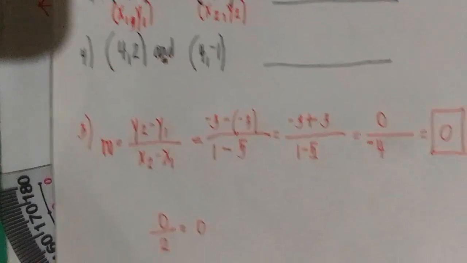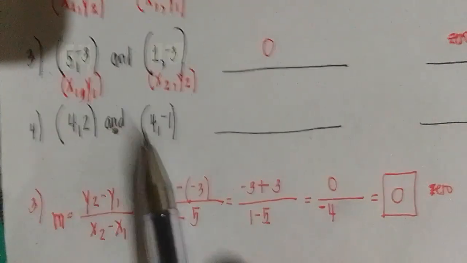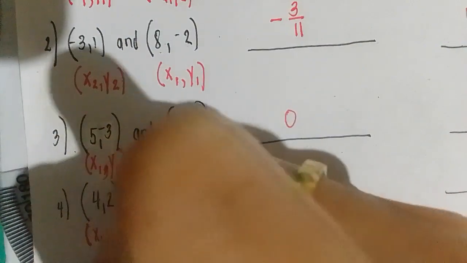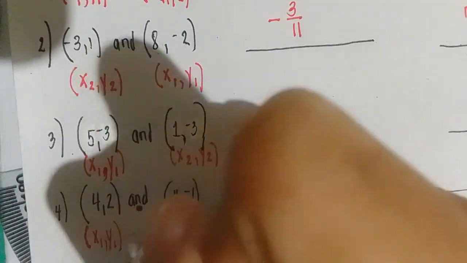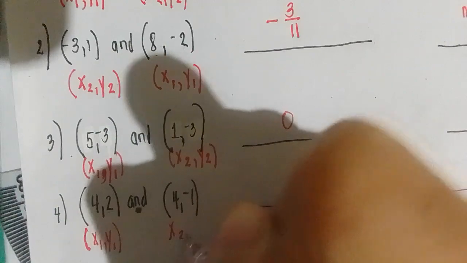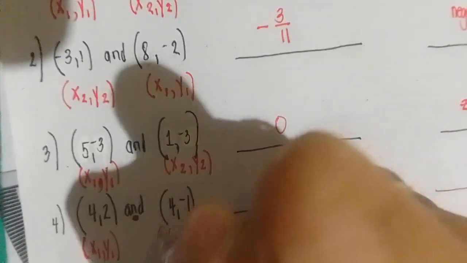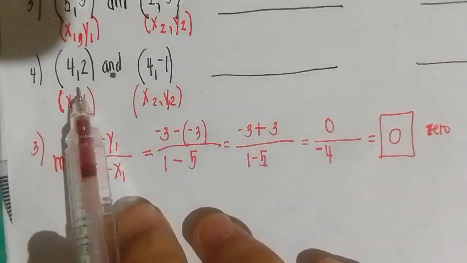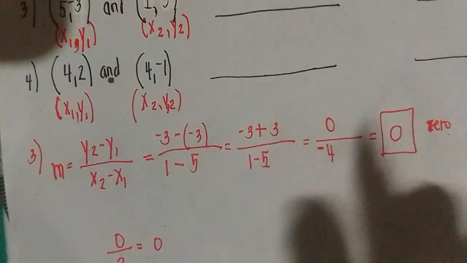Let us try to solve number 4. 4, 2, 4, negative 1. So, kinigap na to ang first point class, second point. Okay, let's try to solve.